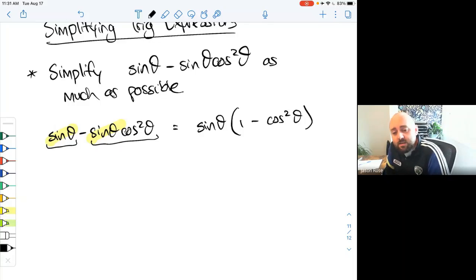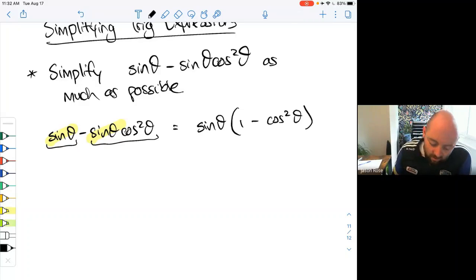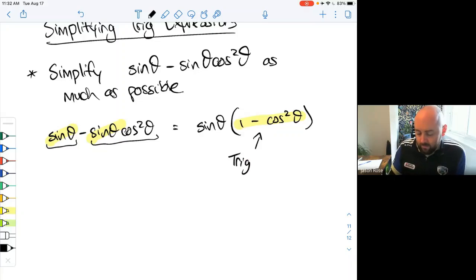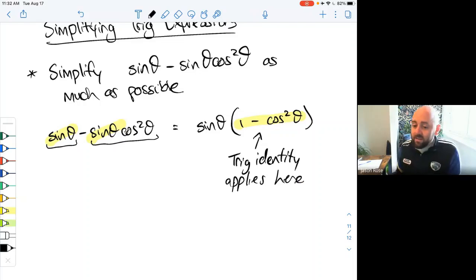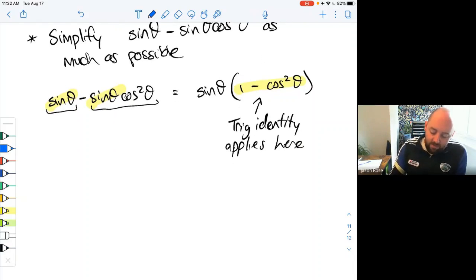That's nice. And 1 minus cosine squared. This is a little too hard to ask you to type in the chat, so I think I might just do this one. But I can use a trig identity here. On the side here for a second, you might remember that you have sine squared plus cosine squared is equal to 1.